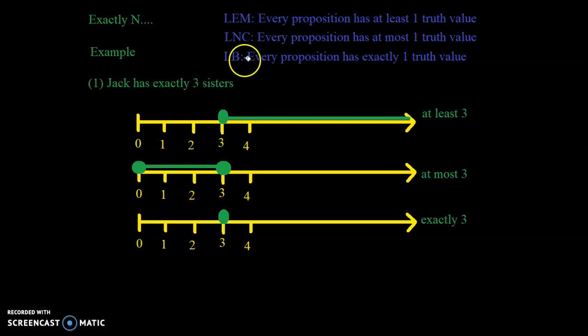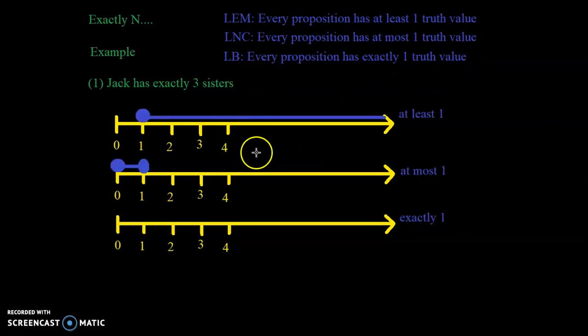Let's go ahead and do the same thing just so we're 100% clear on the law of bivalence. Let me set it up for you. By analogy here, our law of excluded middle is the at least one case: any old proposition you pick out of a hat has at least one truth value. So that includes the possibility of 1, but it also includes these other possibilities. The only thing it really excludes is 0.